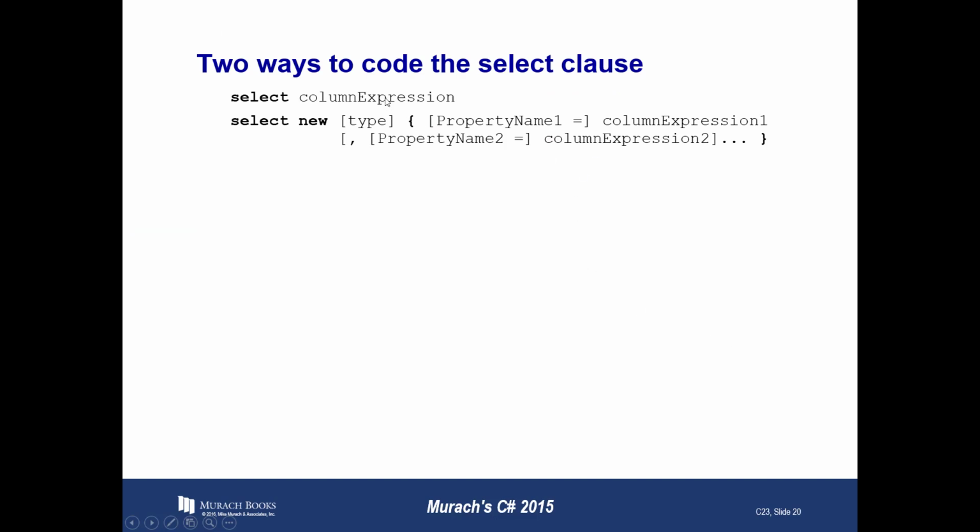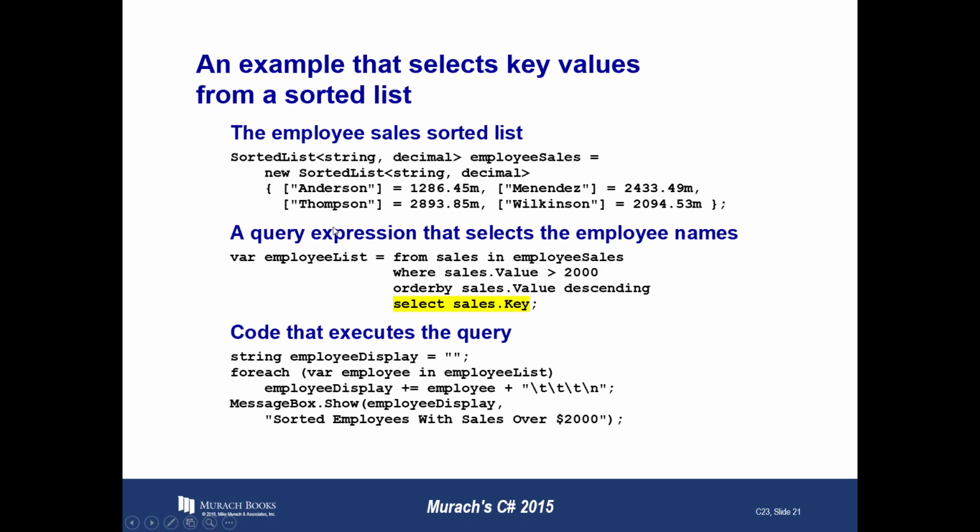2 ways to code the select clause. Select columns or select something new. So here's an example that selects key values. Select sales.key. So, an employee list from sales where sales value is greater than 2,000.